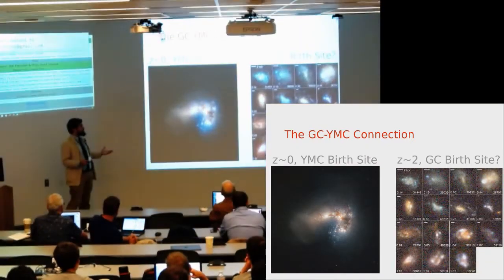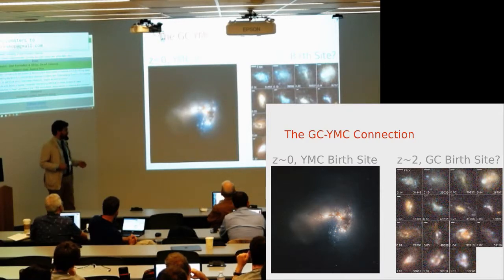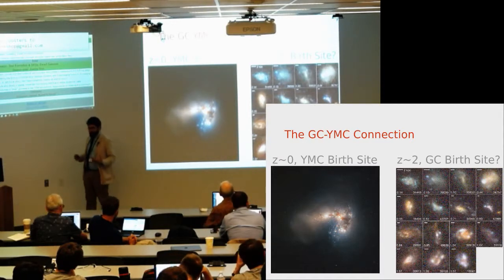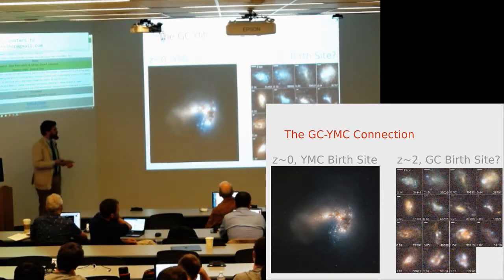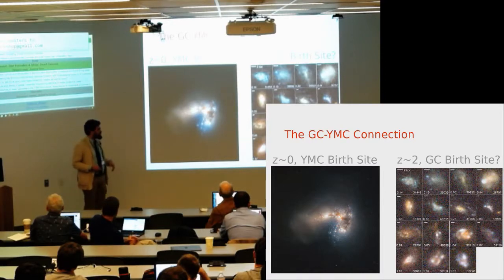So we can ask ourselves, is this Redshift 0 birth site of young massive clusters, which looks quite similar to the kind of clumpy, disturbed galaxies we see at Redshift 2, ultimately a present manifestation of the past phenomena that led us to produce the globular clusters we see today?